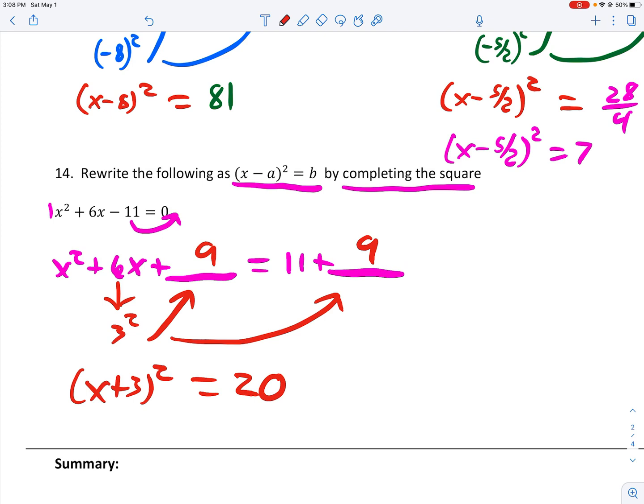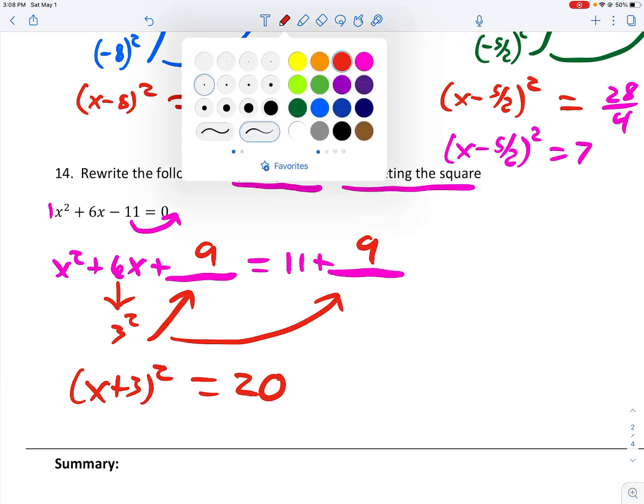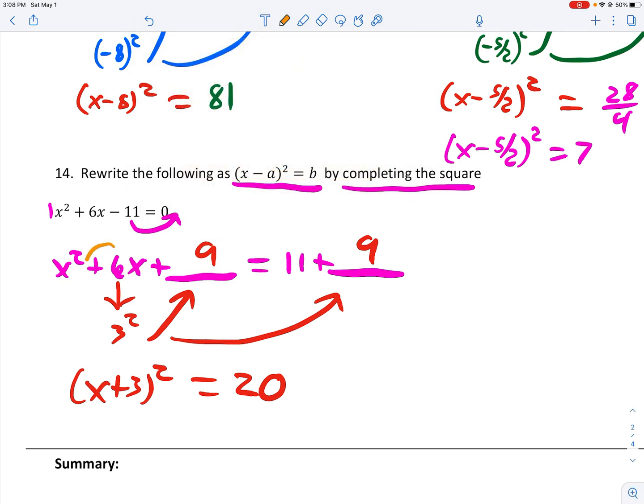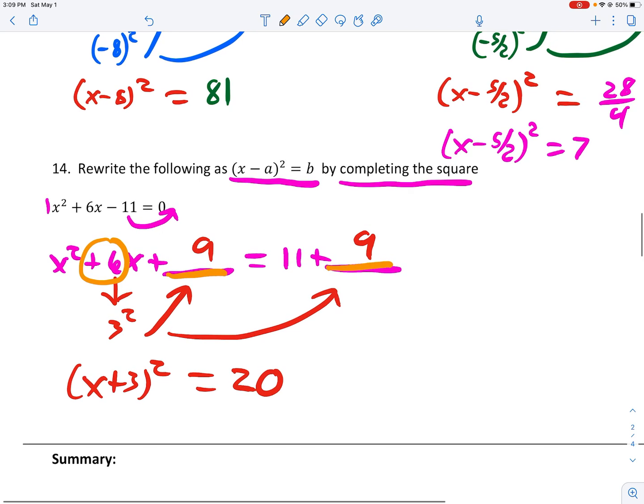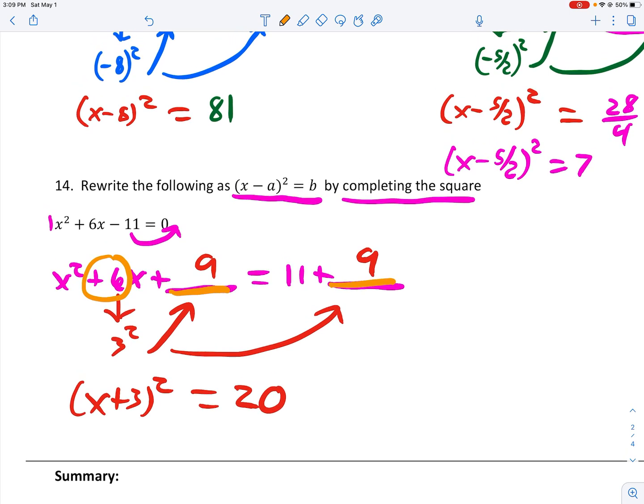Again, the two mistakes that most students make. First is when they're dividing, they mess up and forget the sign, right? Usually only happens when it's a negative. Second mistake is students don't add the same number to both sides. So what do I mean by that? They don't add 9 to both sides. They add it to the left, but they forget to add it to the right, and a lot of times you get the answer of equals 11.